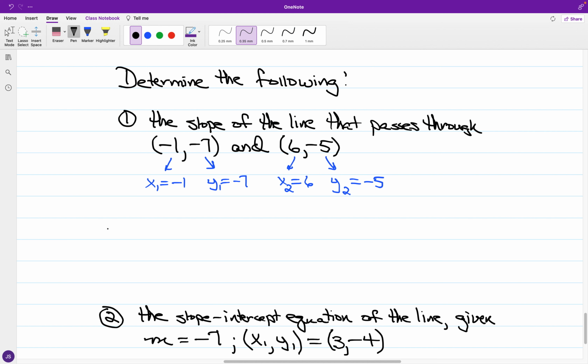All right, so we have for the slope m, y of 2 minus y of 1, all over x of 2 minus x of 1.